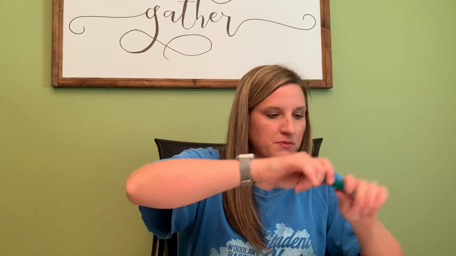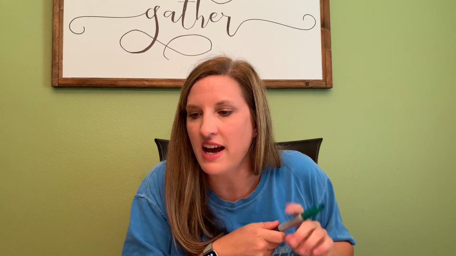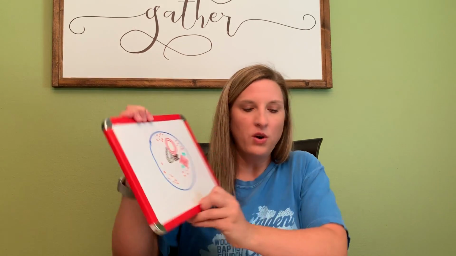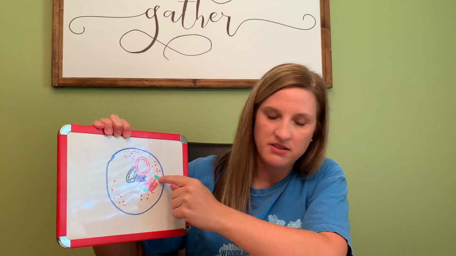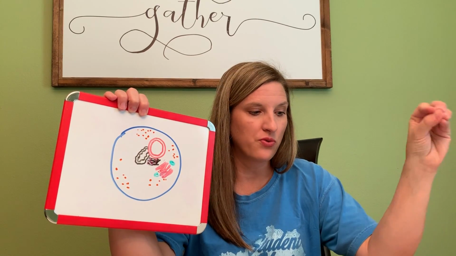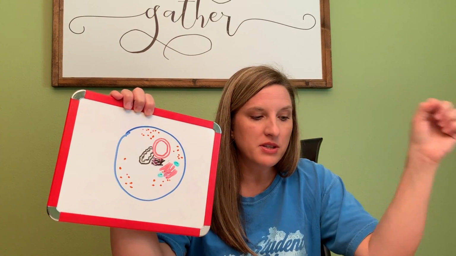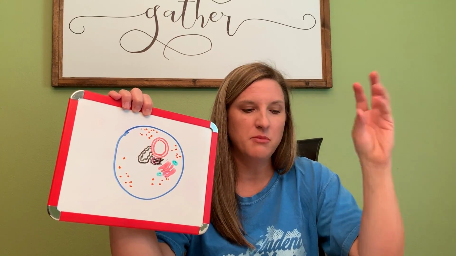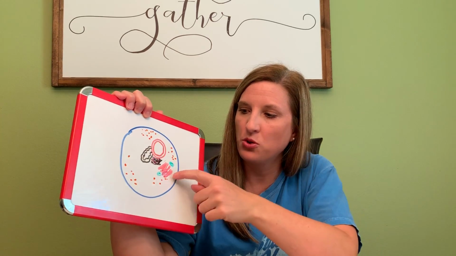Then you have secretory vesicle. The secretory vesicles are just tiny sacs, and I'm going to make them just little green bubbles here. So once the Golgi apparatus packages the chemical for secretions, it puts it into the tiny little sacs and it pinches it off of the Golgi apparatus.